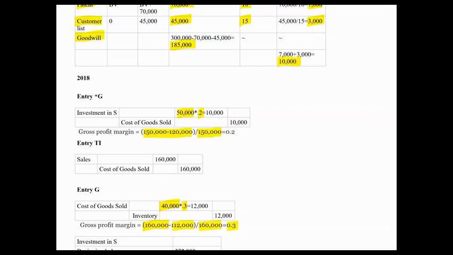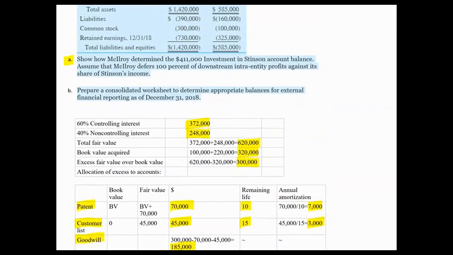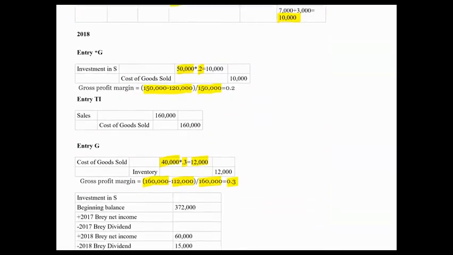And the amount here is 12,000, and this is the amount that we have to deduct, that we're going to defer against its share of Stinson's income or investment income.